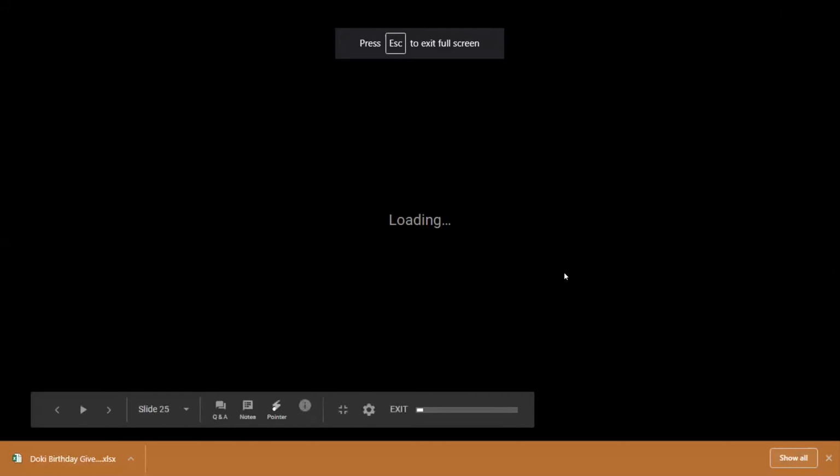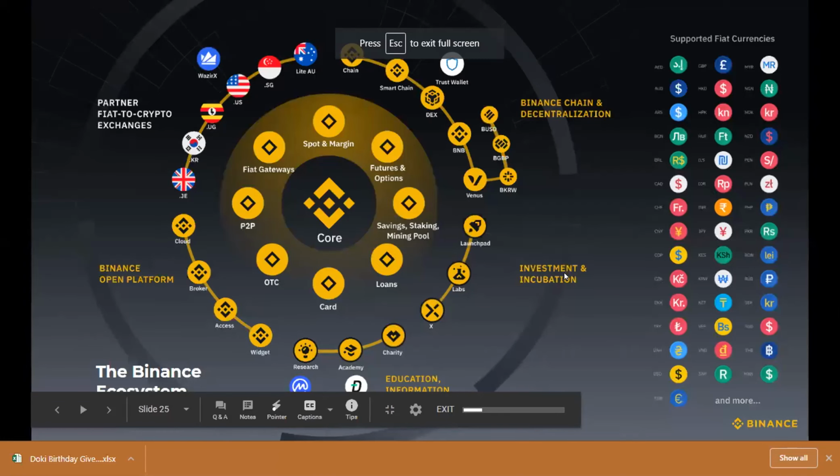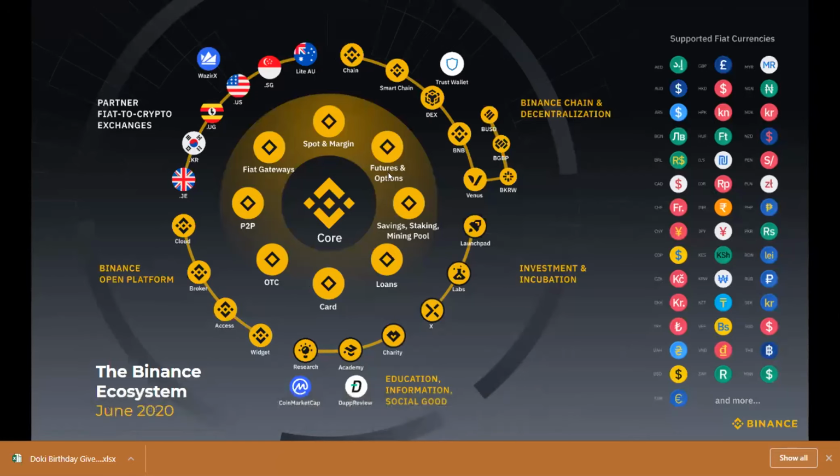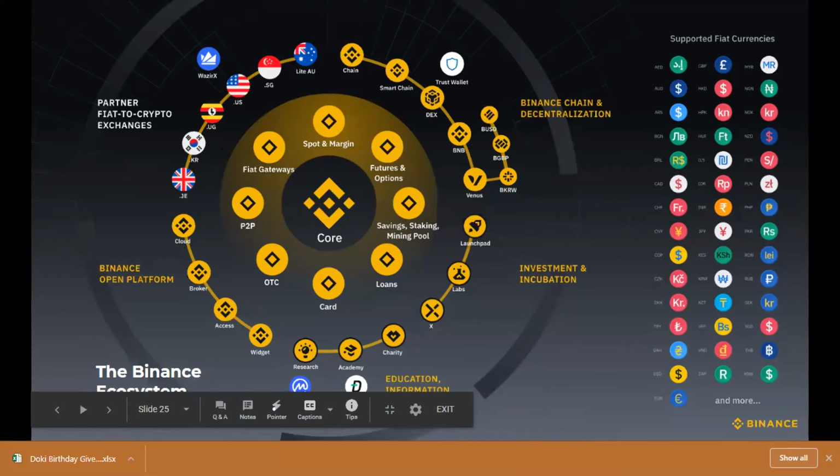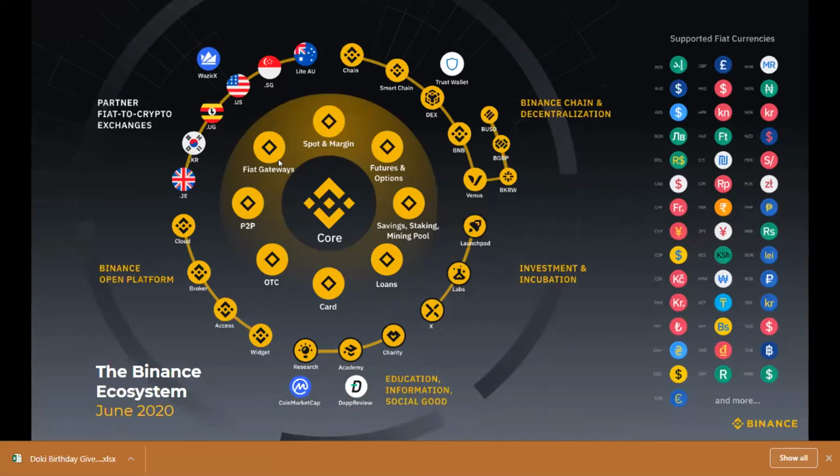So this is the Binance ecosystem. Binance has lots of this. This part is the trading aspect, the trading part of Binance. So we've got futures trading and smart fiat gateways, meaning that you can deposit naira, euro, or dollars directly from your bank to your Binance account.